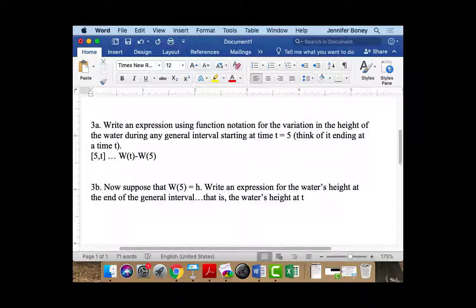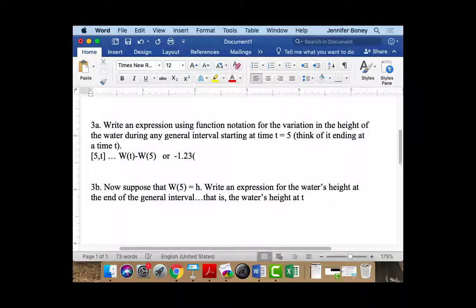If I wanted to use less function notation, if I want to just express this another way, the variation in the height of the water during this interval, I'd need to know how much x, or t, changed by, and the rate, so m dx. So I could do this negative 1.23 centimeters per minute for how many minutes?